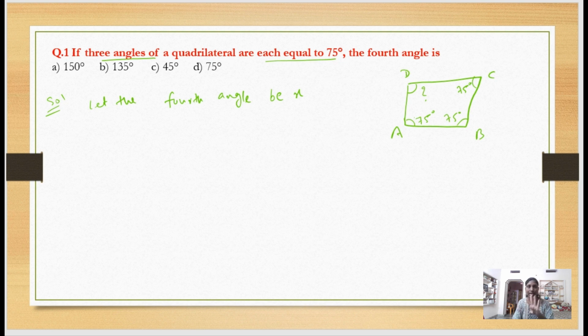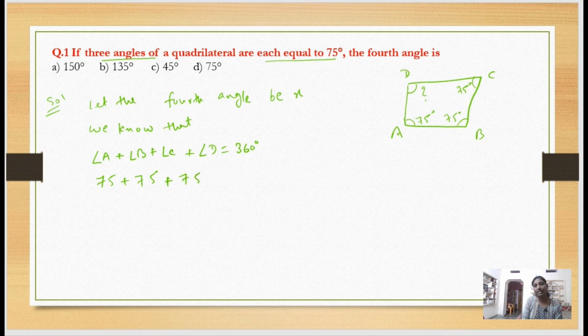Quadrilateral has four angles and sum of all the four angles is equal to 360 degree. Okay, then we know that angle A plus angle B plus angle C plus angle D is equal to 360 degree. Okay, now 75 degree plus 75 degree plus 75 degree plus angle D is what?